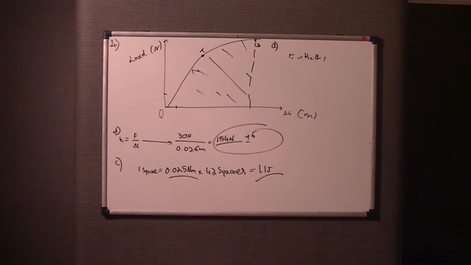Okay, 4E. When the spring reaches an extension of 0.045 meters, the load on it is gradually reduced to 0. On figure 6, sketch how the extension of the spring might vary until the load is 0.